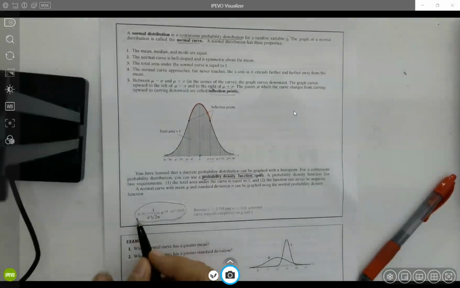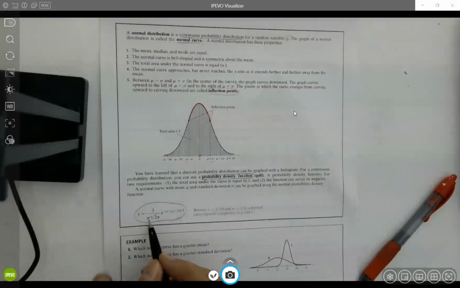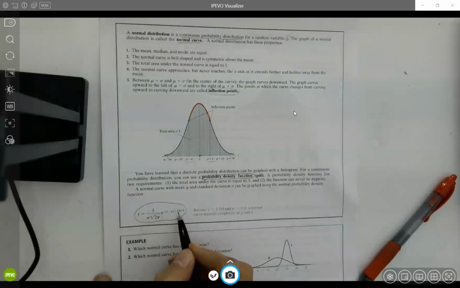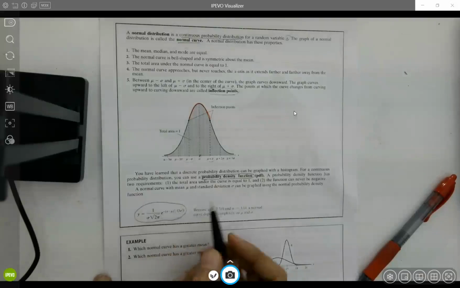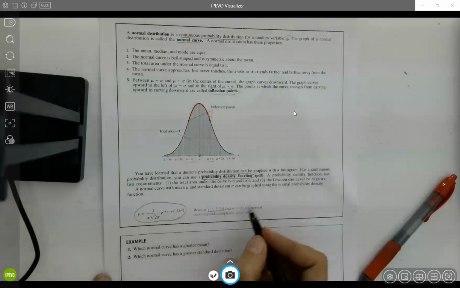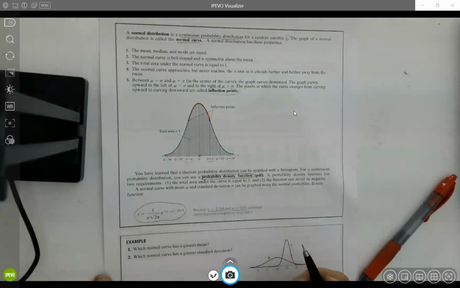So function y is equal to 1 divided by sigma, standard deviation, times square root of 2 pi, e raised to negative x minus mu squared divided by 2 sigma squared. Remember that e, or Napier number, is approximately 2.718, and pi is approximately 3.14.